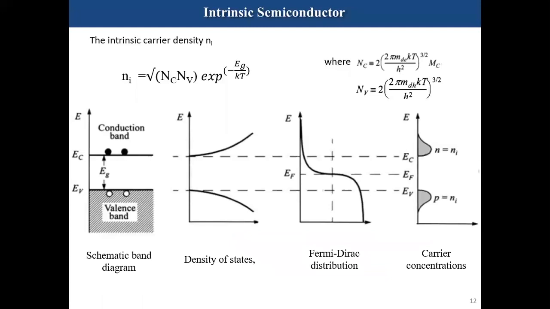How to derive them is not important in this course; it should have been taught in your basic electronics courses. Now, if you think about a schematic of a band diagram, it looks like this. And if we think about the density of states for intrinsic semiconductors, the Fermi-Dirac distribution, and carrier concentration, as I mentioned, it's exactly the intrinsic carrier concentration for both.